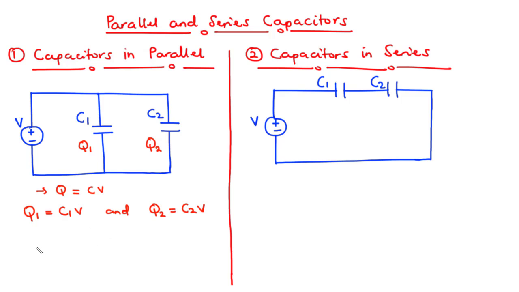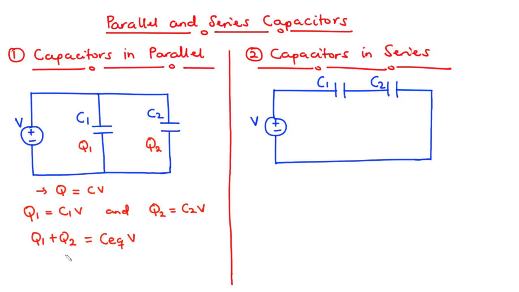So we have Q1 plus Q2 being the total charge, which is going to produce the same source voltage, so that we have C equivalent times V. So Q1 plus Q2 is equal to C equivalent times V.